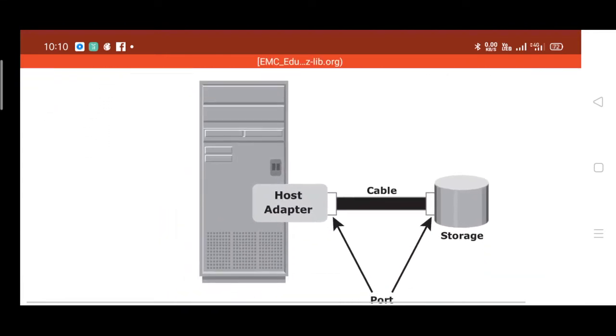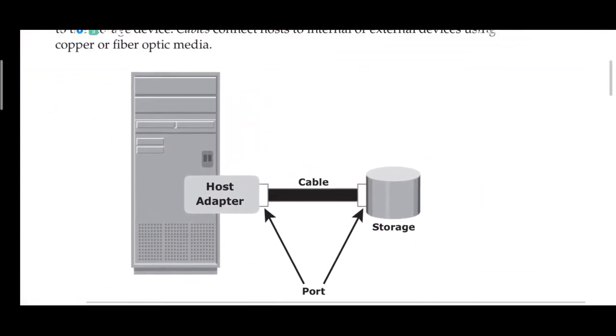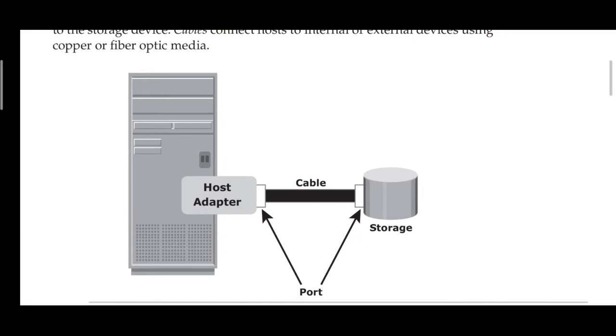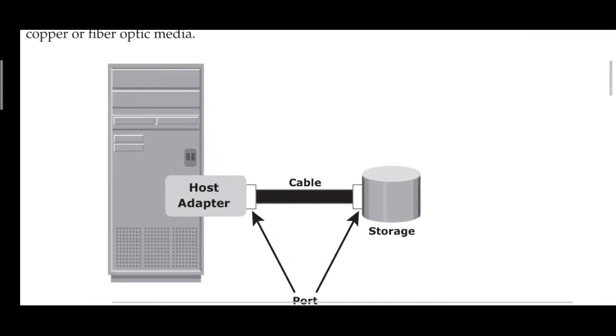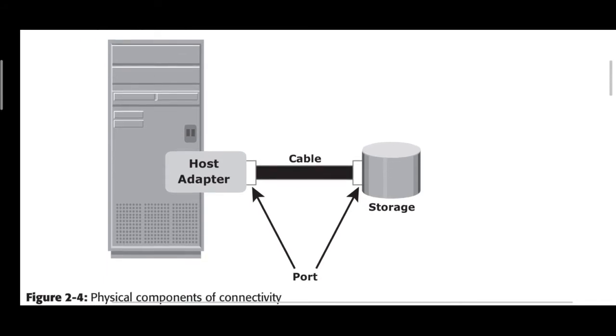This is the general scenario diagram of a host adapter associated with the PC, CPU. The CPU contains the host adapter, and at the end of the adapter you can identify a portion labeled as port.